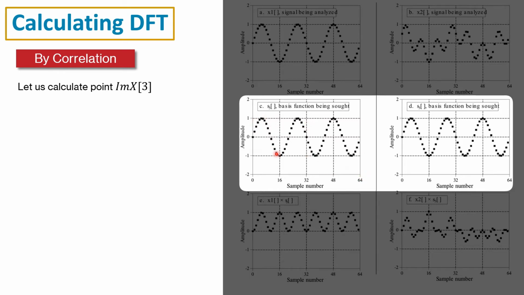Just to help you out, there will be an S2, meaning a sine wave of 2 cycles within this range from 0 to 64, and there will be an S1 that has only 1 cycle, an S4 that has 4 cycles, and an S5 that will have 5 cycles here. So out of all those we have selected only one, which is S3, to see the correlation.